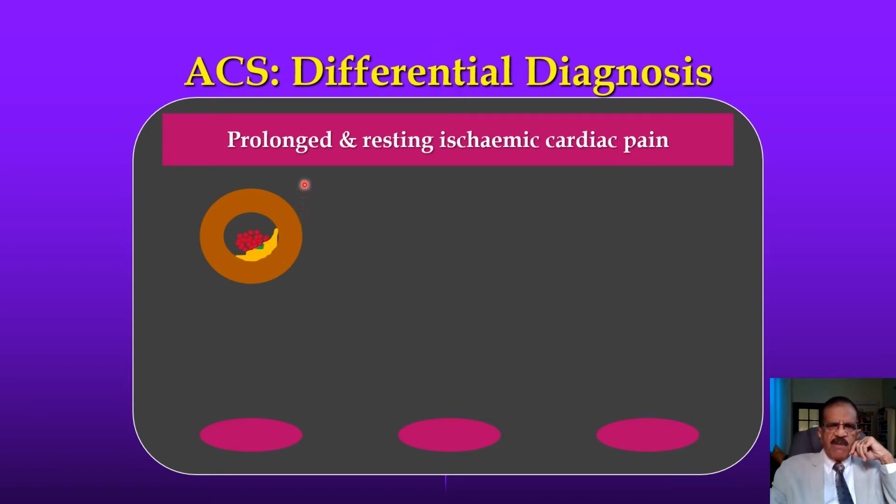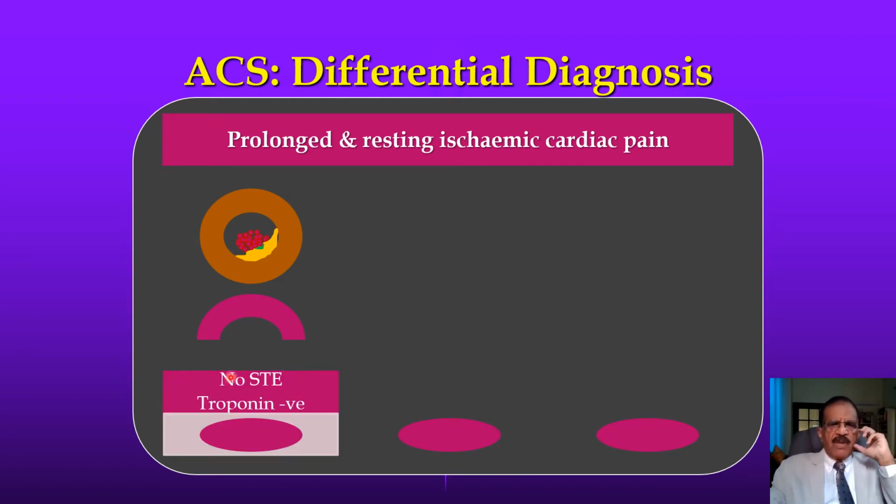Now if the patient presents at this level, there may not be any infarction. The myocardium is ischemic but not necrotic, not damaged, and there would be no ST segment elevation.